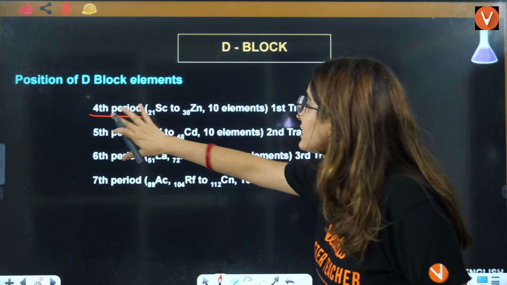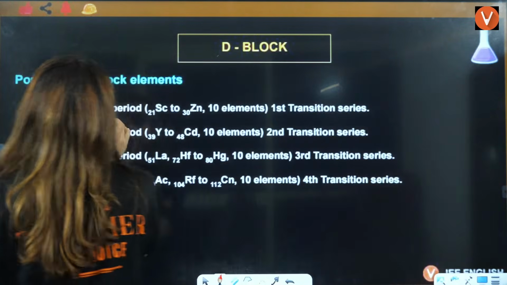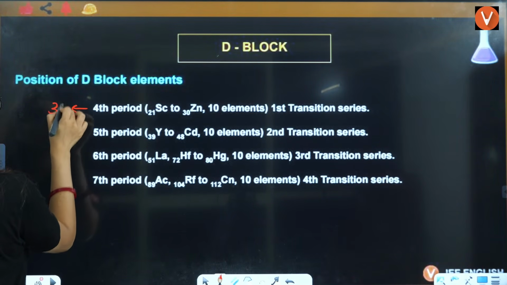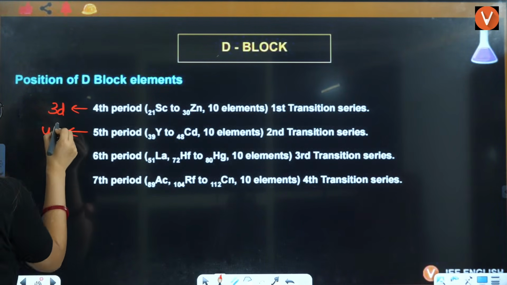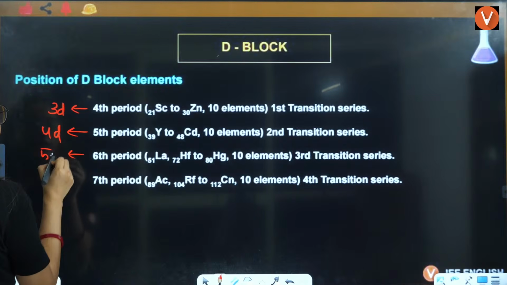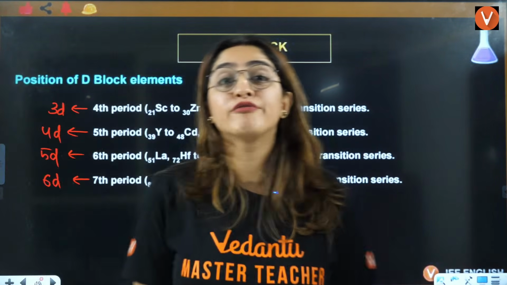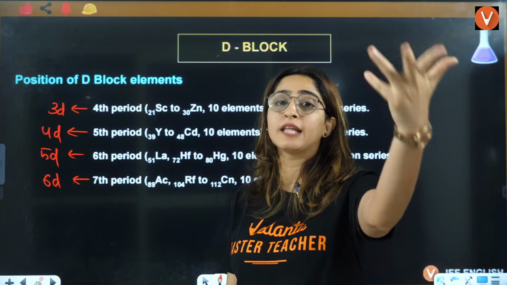Fourth period is 3D series, where the 3D orbital is filled. This is 4D. This is 5D. And this is 6D series. Right? And fourth period is first transition series, then you have second, then third, then fourth transition series.